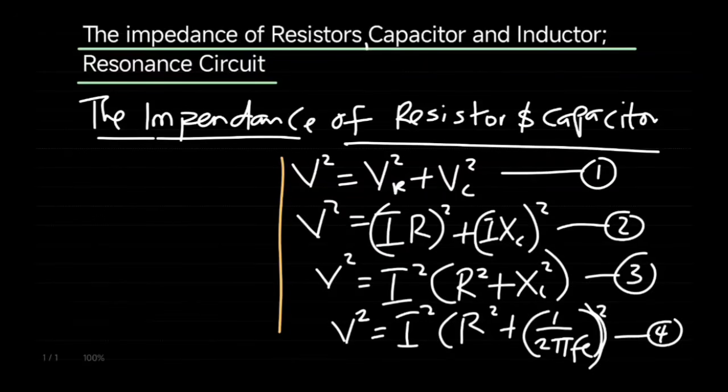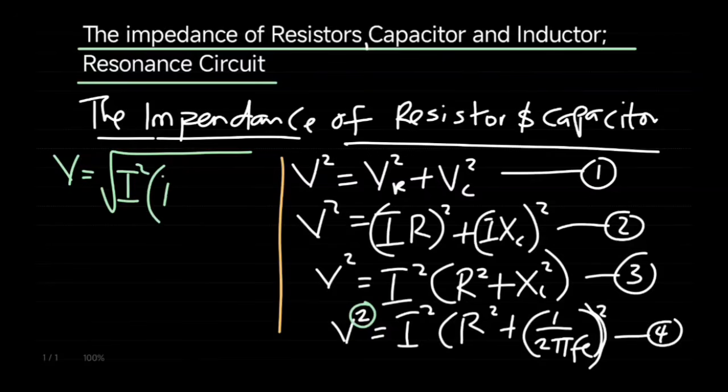So if we move this square here and pass the equality sign, we'll be having square root. So our V alone will be equal to square root of I square, bracket open, R square plus 1 all over 2 pi FC. The square of I, which is the square here, will give us I. So the only square that will be left is this square here. We close the bracket.